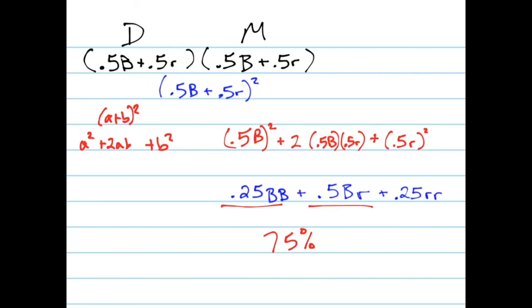Now the difference between these two is that the dog with both capital B's will only have pups with black patches because it's always going to contribute a black gene. The one with the B and the r might have some with black patches, might have some with red patches. But that's more information that you'll learn in biology class. All right, any questions?